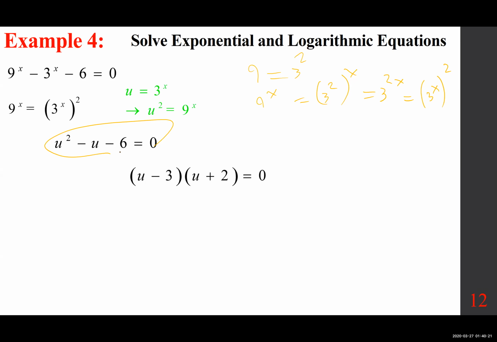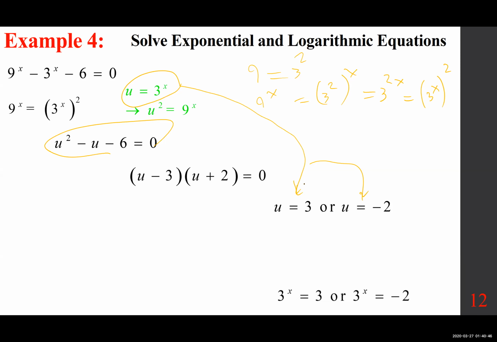And there are two answers. u is either 3 or negative 2. Okay, so what happens? We are going to replace the u to find out what x is.